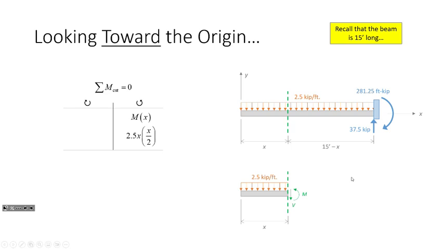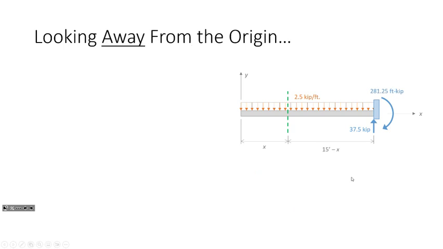Now look at this. 2.5 times x, that's the magnitude of the load, times the moment arm of x over 2. Nothing over here, 0 equals that. By golly gosh gee, there's my moment function. With me so far?